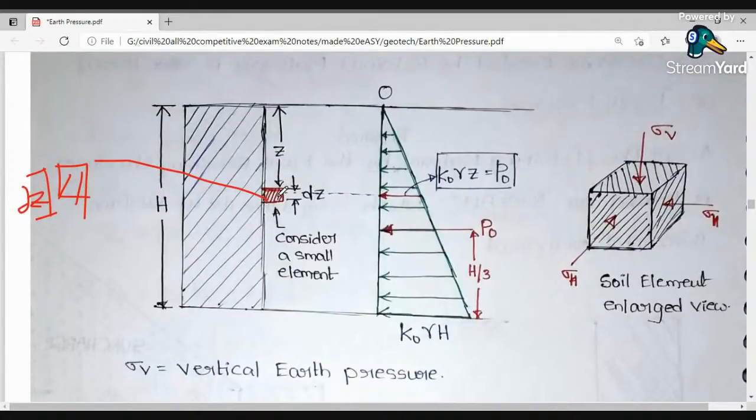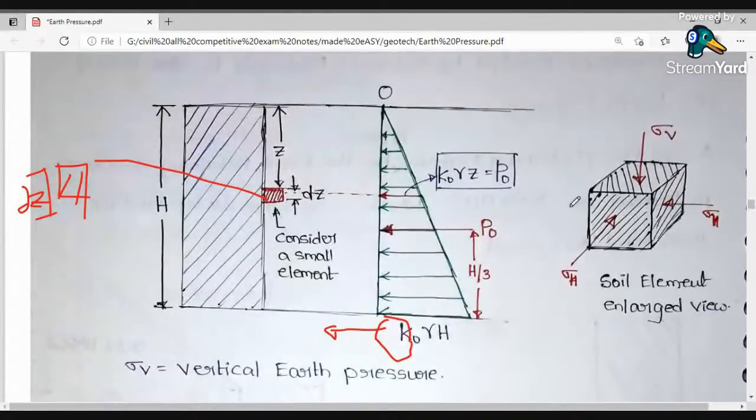If you see the distribution of vertical earth pressure, obviously it will be triangular, that is linearly increasing, and the value at the base will be K naught sigma z. We have to derive the value of K naught. K naught is nothing but the coefficient of earth pressure at rest conditions.